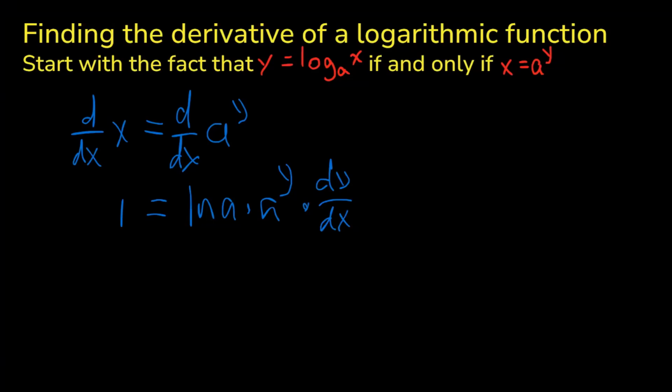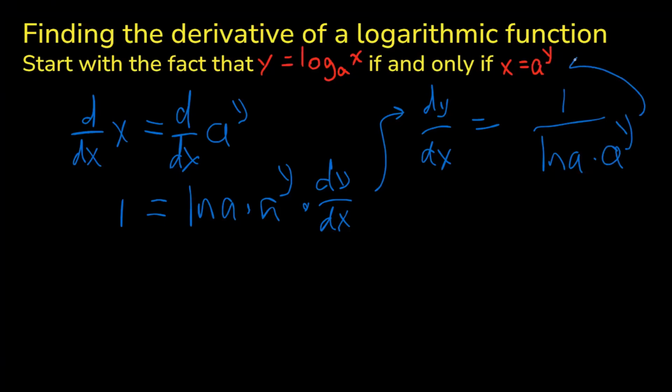Then we solve for dy dx, and you would have dy dx equals 1 over natural log a times a to the y. Now, if we remember a to the y is equal to x, we can back substitute that in, and you get 1 over natural log a times x, or sometimes you might see it written as 1 over x natural log a.